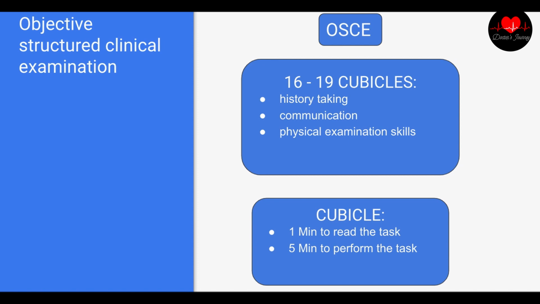I'll go inside, there'll be a patient to whom I'll ask questions related to anesthesia assessment, and then he will answer. In some cubicles, there will be a physical examination section where you need to examine the patient, and the examiner will assess your examination process.